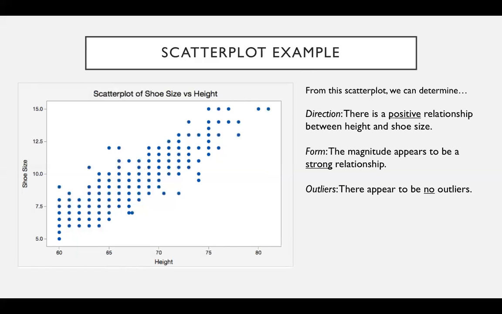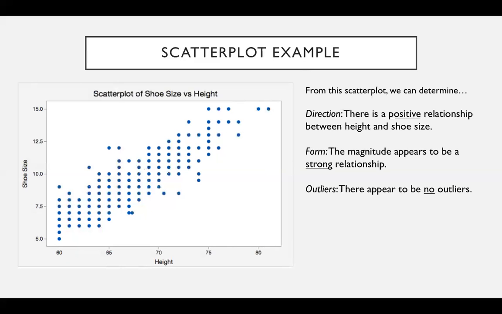You can see that as someone's height increases, their shoe size will increase as well. You can tell that it's positive because it goes from the bottom left to the top right. It's going in an upward direction. If it were negative, it would start at the top left and go down to the bottom right. So it would just be the exact opposite of how it is now. But this is a positive relationship.